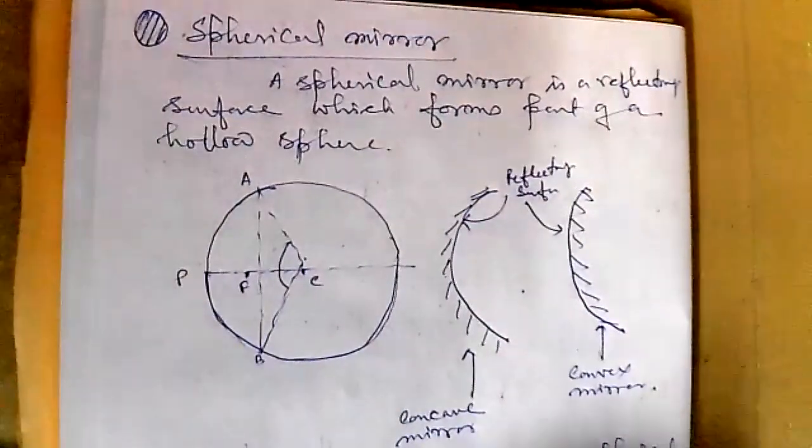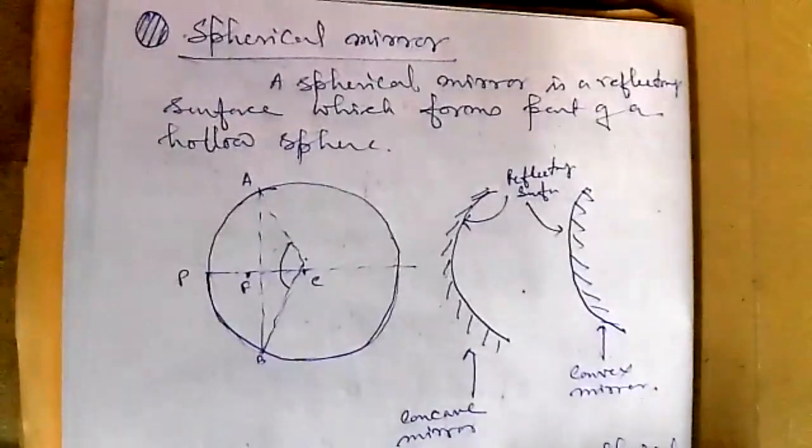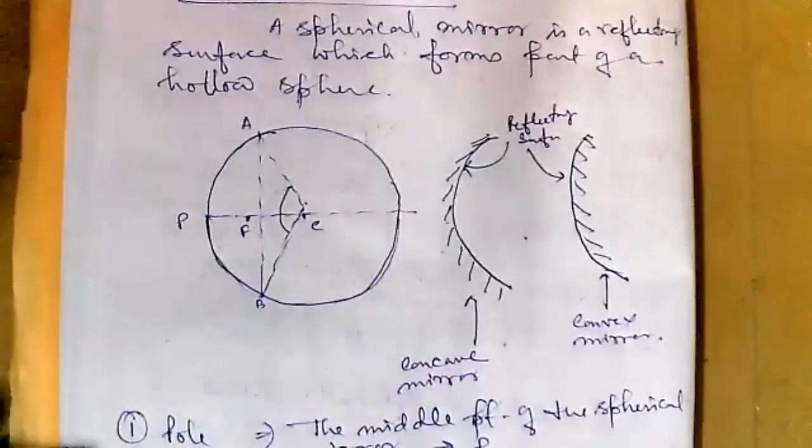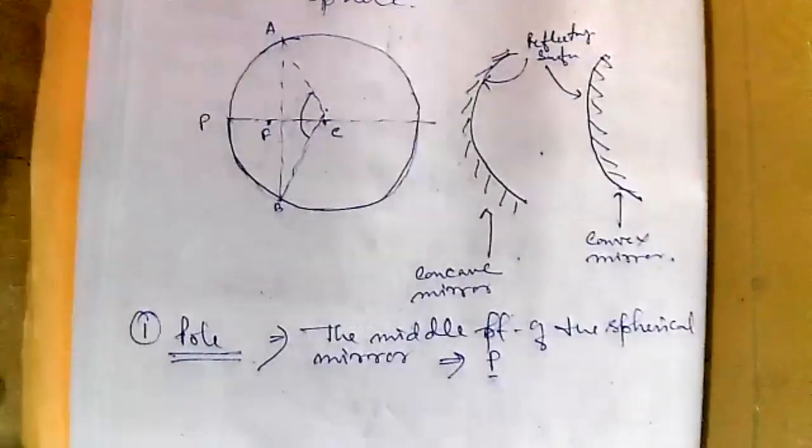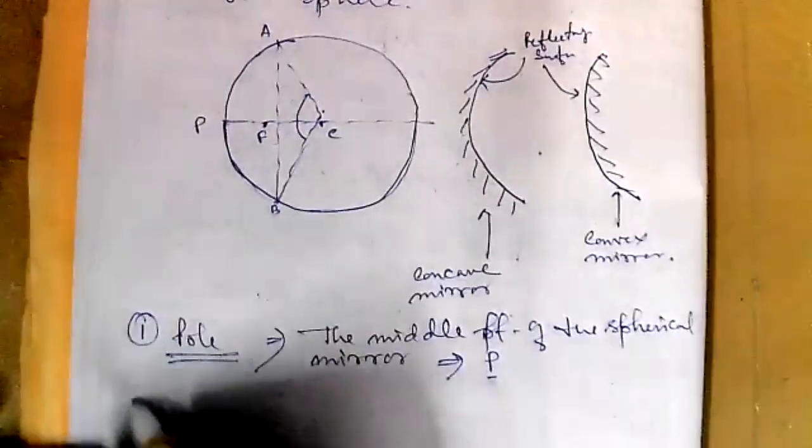Middle point of the spherical mirror. In the figure, it is P. It is called the pole of the mirror.